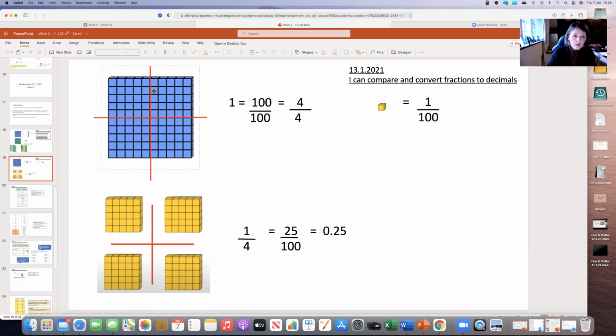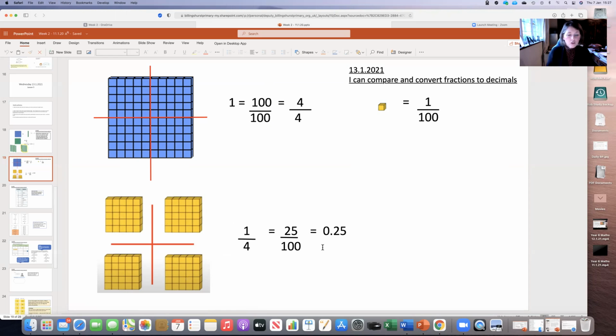We've got 5 rows of 5 hundredths, and 5 multiplied by 5 is 25. So this literally means 1 divided by 4 is a quarter, which is equivalent to 25 hundredths, and written as a decimal, it would be 0.25.